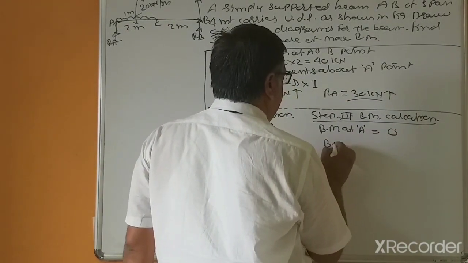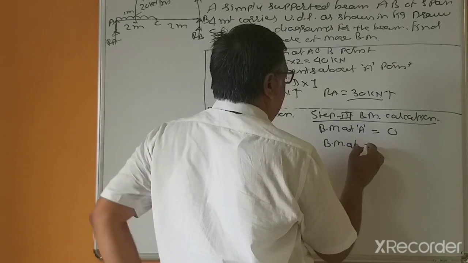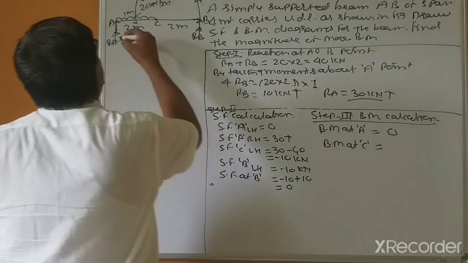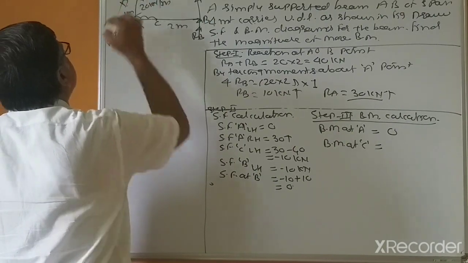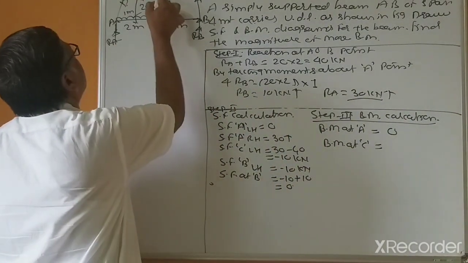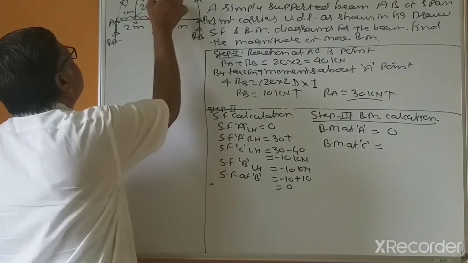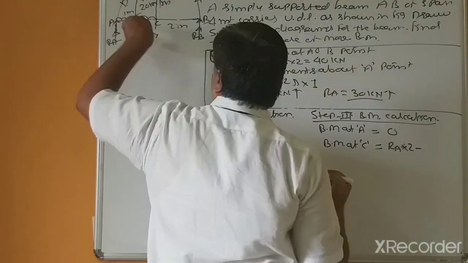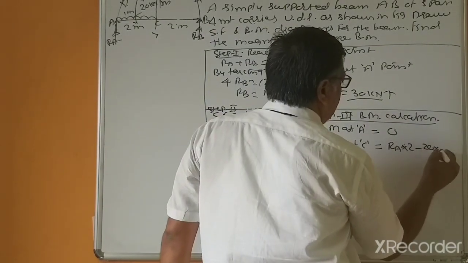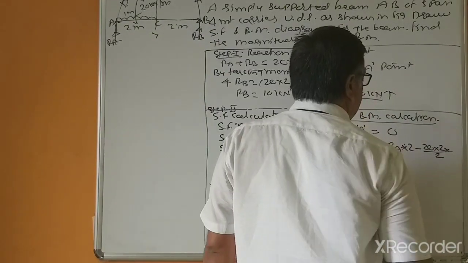Now bending moment at point C, taking the clockwise section XC. This X is to consider half of the distance. This is 20 into the distance.